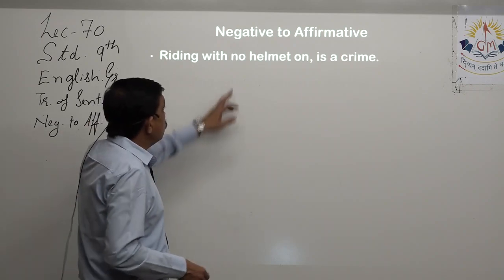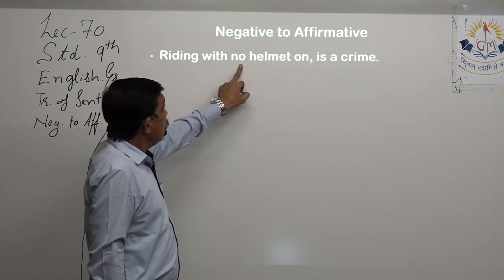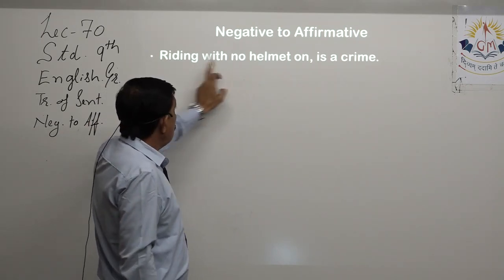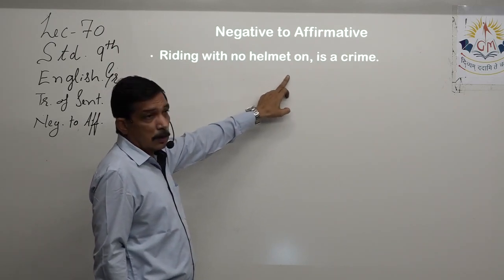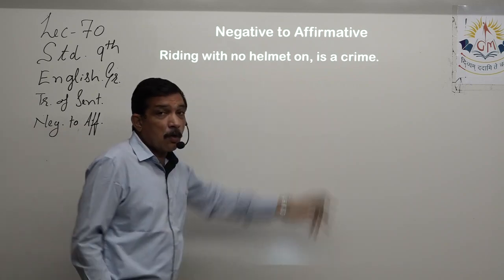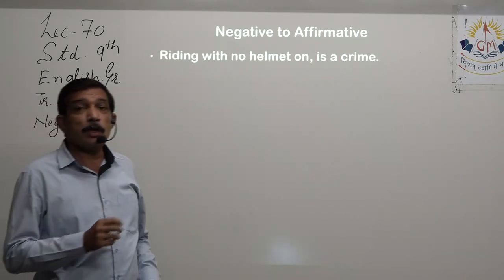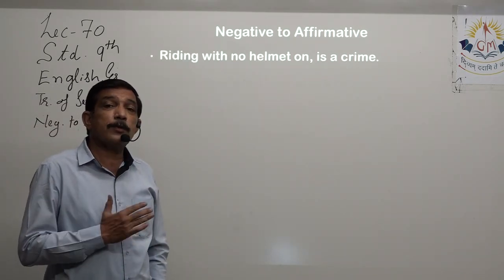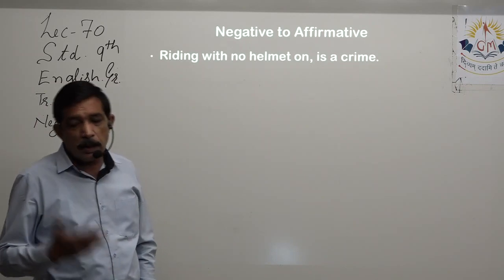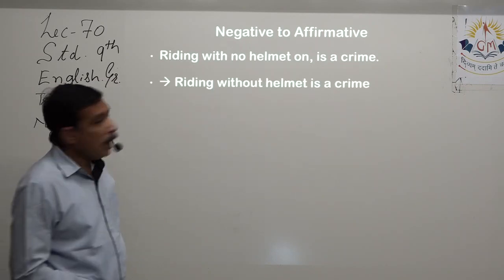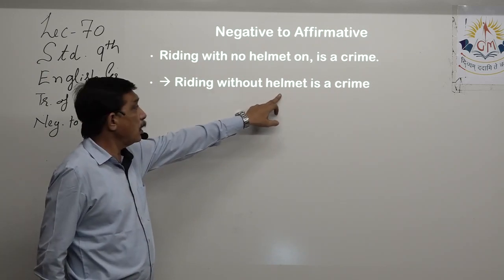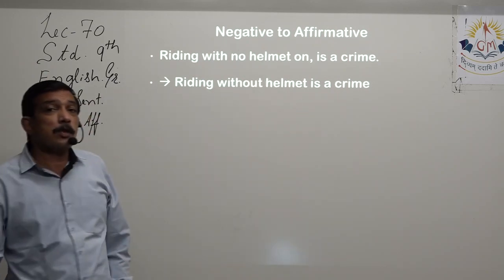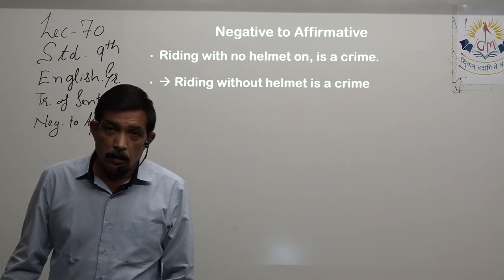Now what we have to do is remove the negation, no. Riding without helmet. Helmet on, that means wearing. So if you are not wearing, that means if you are riding without a helmet, that is a punishable crime. So riding without helmet is a crime. Here we do not have to specify on, right?